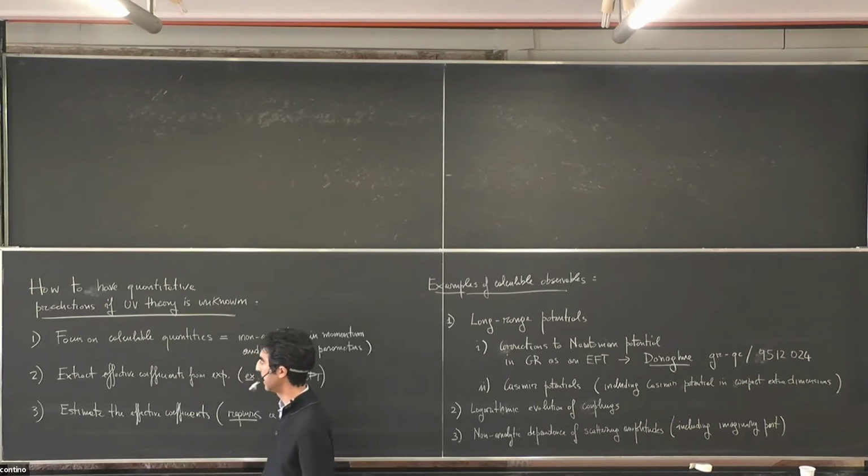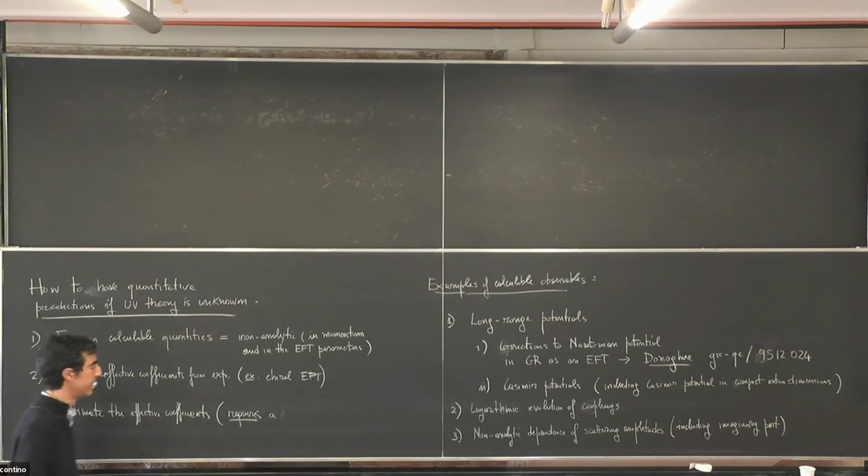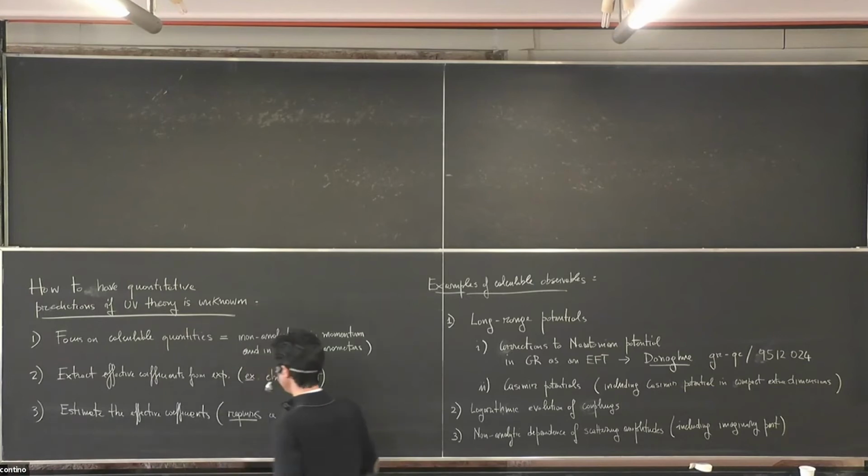The only ways to compute in a precise way are 1 and 2, but still, in many situations it's very useful to have an estimate of the size of the UV physics. So even though you cannot make a precise calculation, having an estimate is very important.